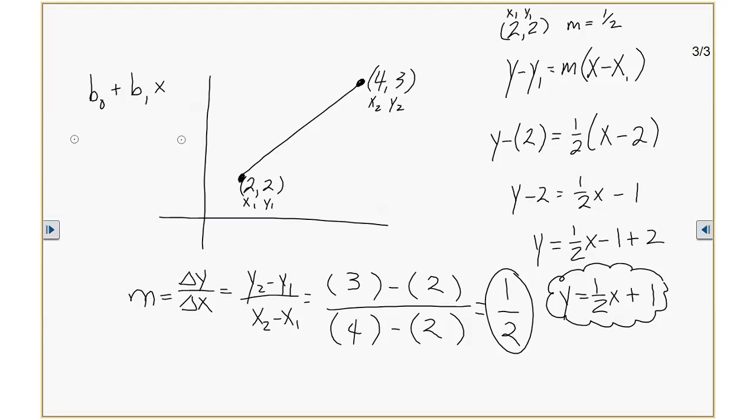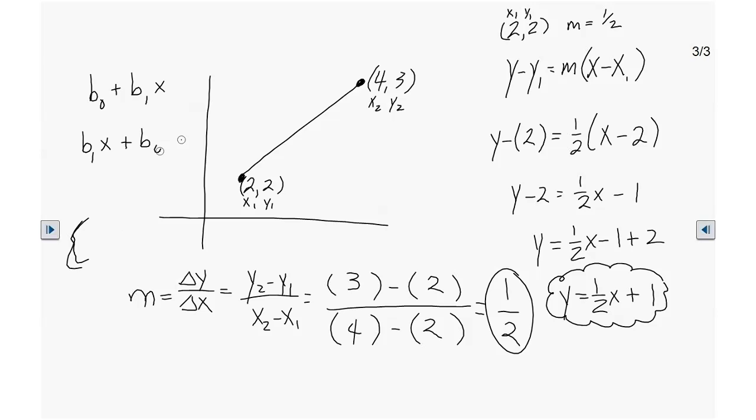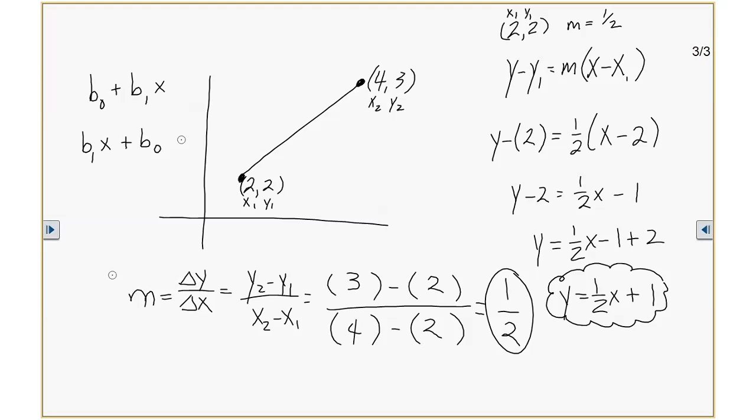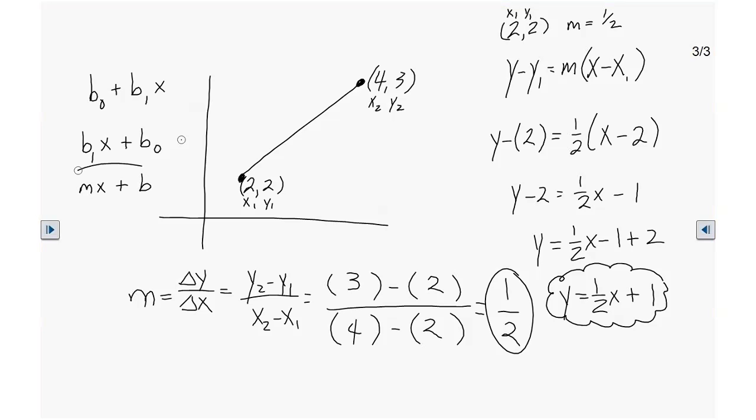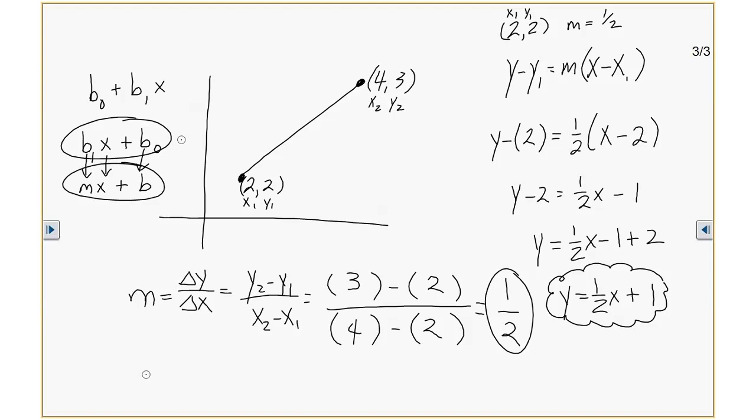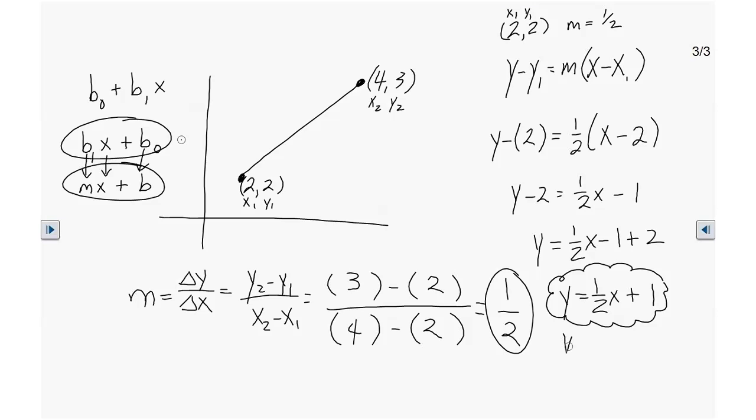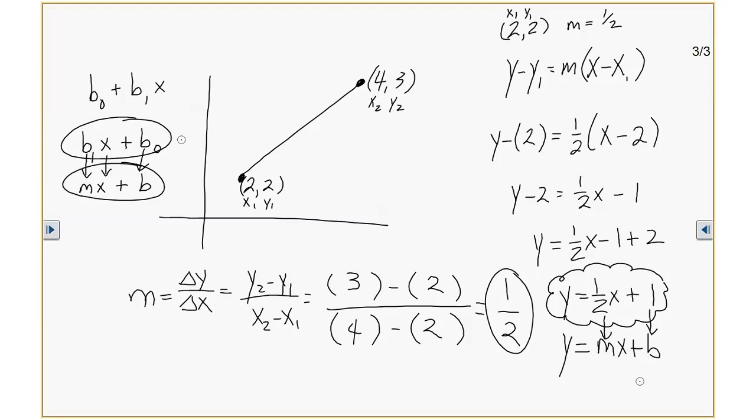Well, turn that around: b sub 1 x plus b sub 0 is equal to... what does this look like? Mx plus what? It's the same thing. This is y is equal to mx plus b. What is b? Your vertical shift or your y-intercept. What is 1/2? Your slope.